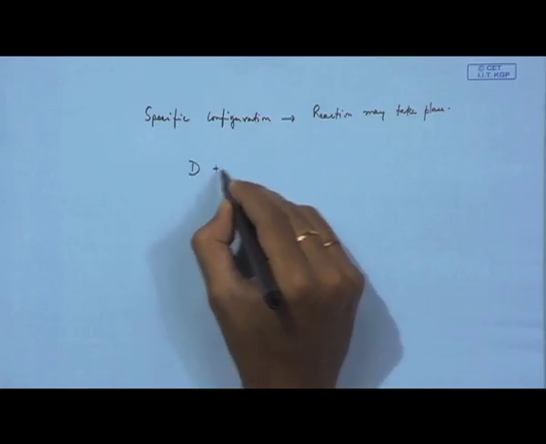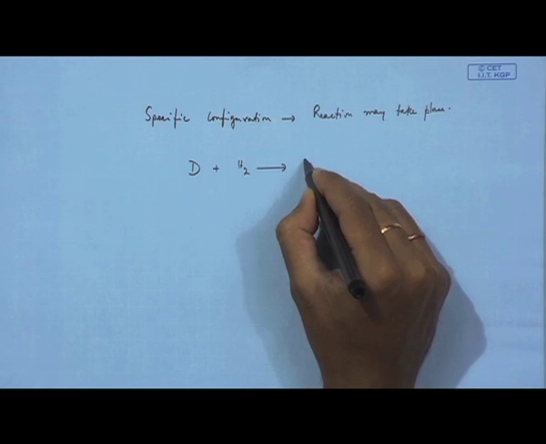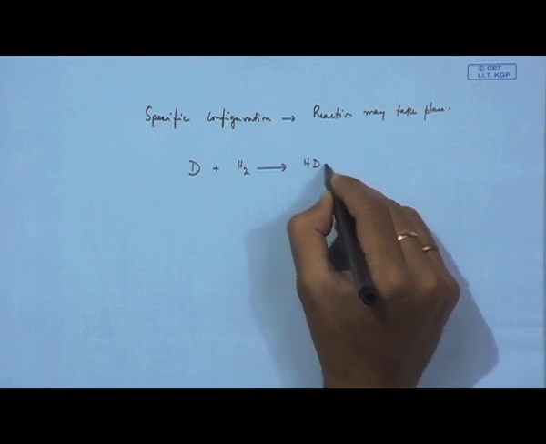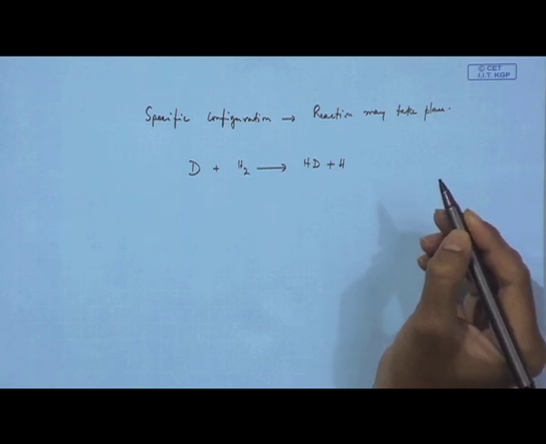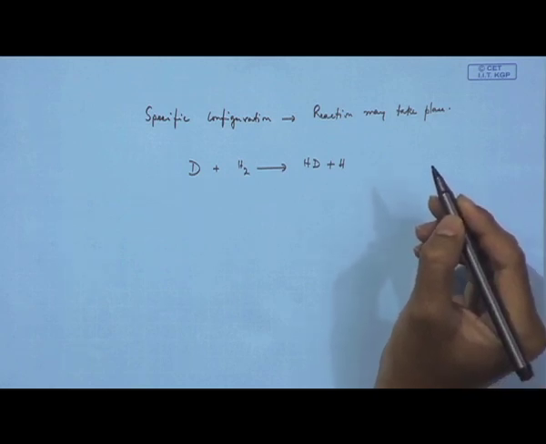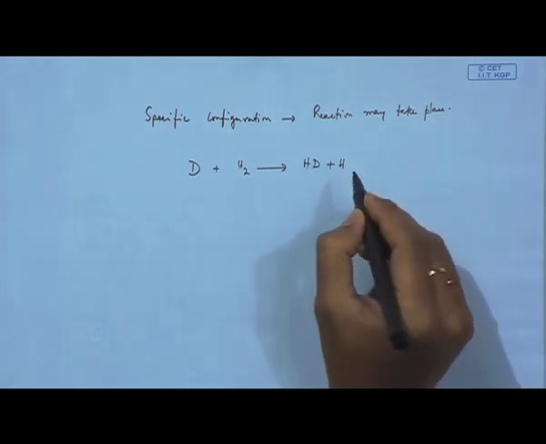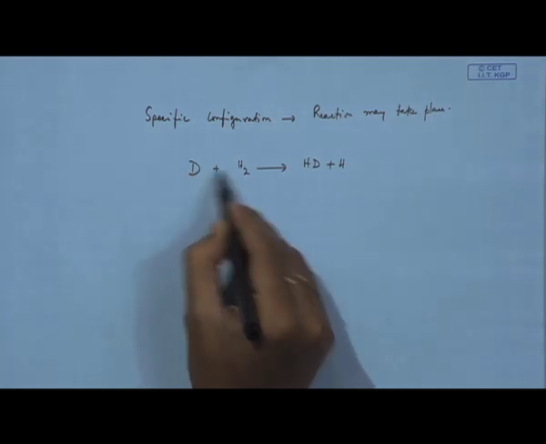Consider a simple atom exchange reaction, that is deuterium plus H2 giving rise to HD plus H. If the energy of the system is such that the two entities, D and H2, come close in an almost collinear fashion, then the reaction can take place.